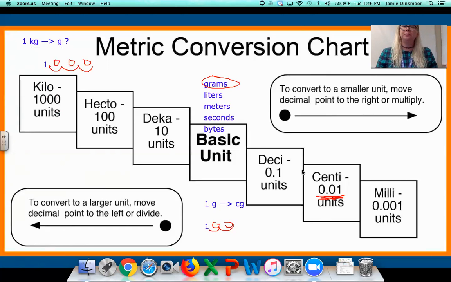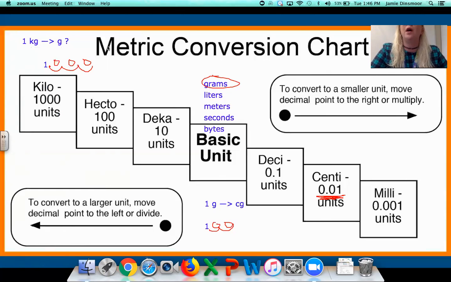Think about a ruler, right? If you had 1 meter, you have those big meter sticks. Smaller units are centimeters, right? You have a lot of centimeters in 1 meter. Because they're small, you need a lot of them to make 1 meter. That's the same concept here. You need a lot of centigrams, well, not a lot, but 100 centigrams to make 1 gram.